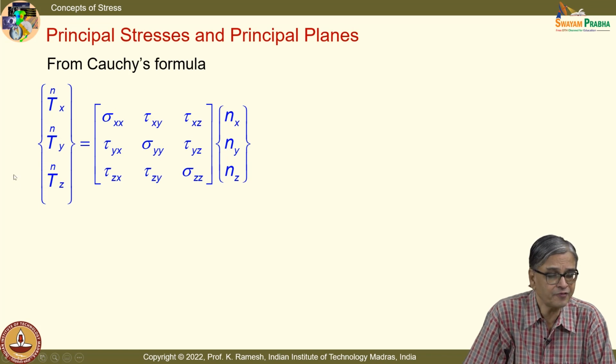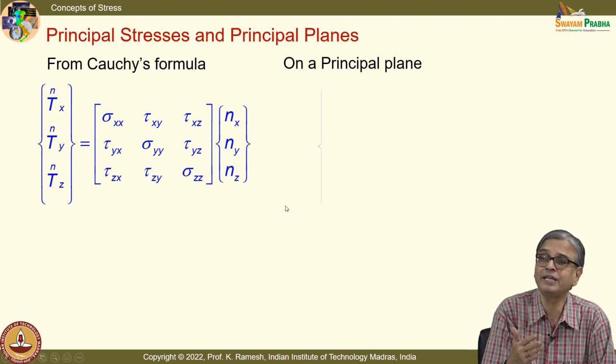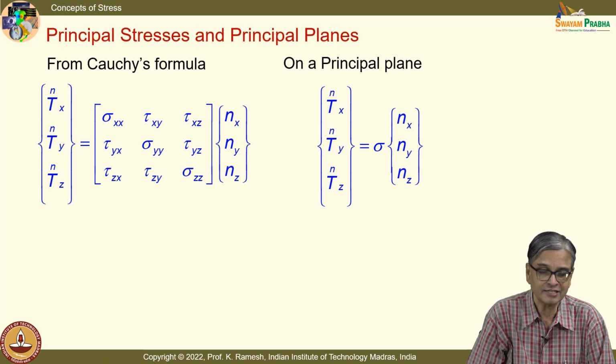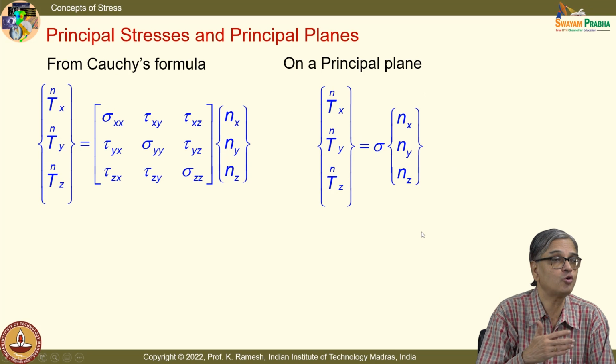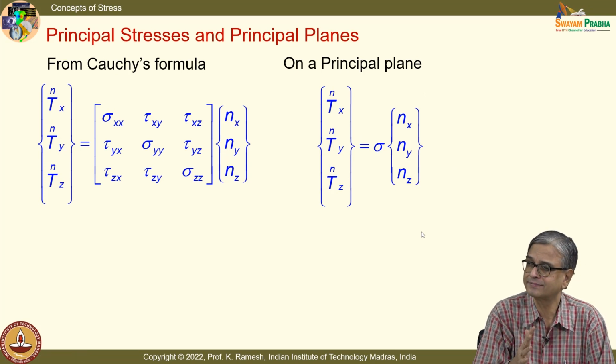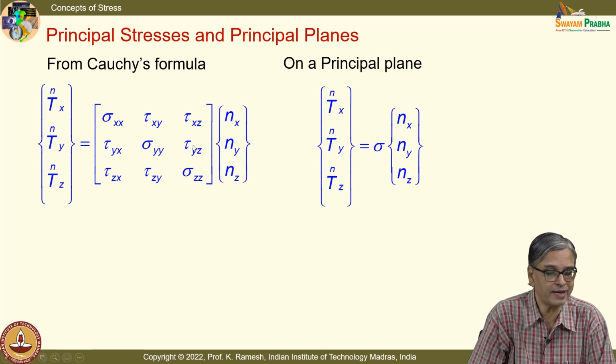And in this specific problem, we have specified what should be the nature of the stress vector. The stress vector should be of this nature. The question is how to find out nx, ny and nz. Is the idea clear?